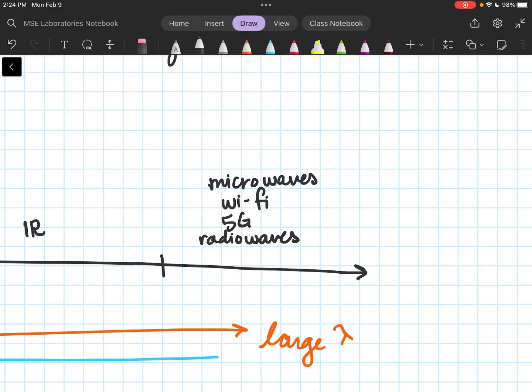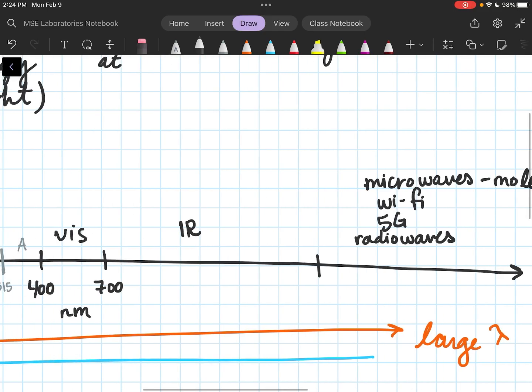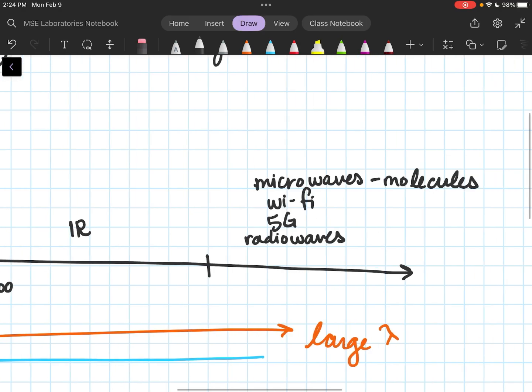To the best that our science can tell, the stuff that's that big doesn't interact with our bodies significantly. Microwaves interact with molecules, which is why we can use them to heat our food. Because they get the water molecules wiggling a little faster. That heats up your takeout.